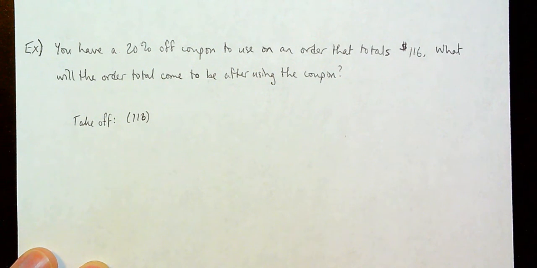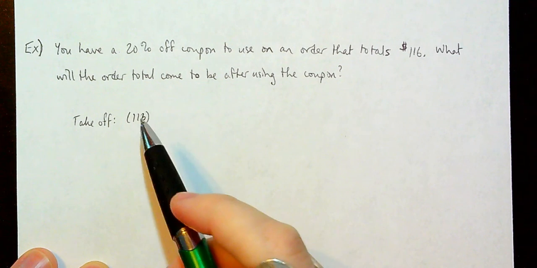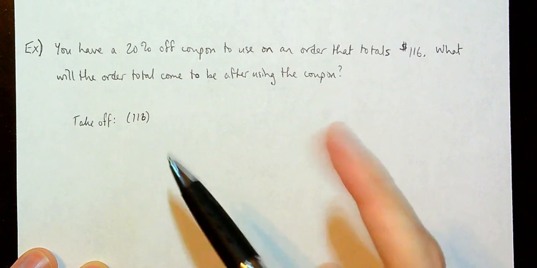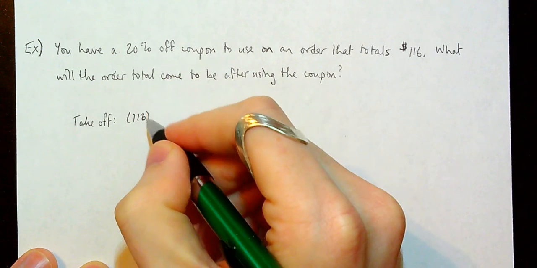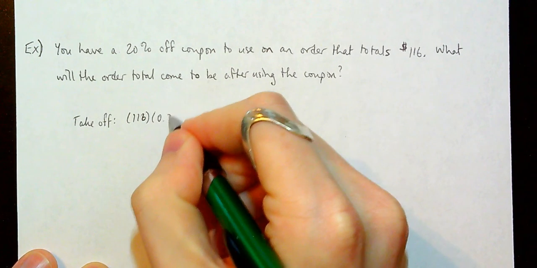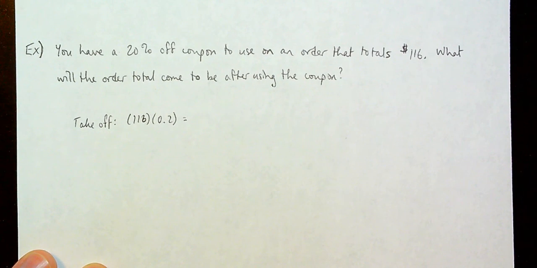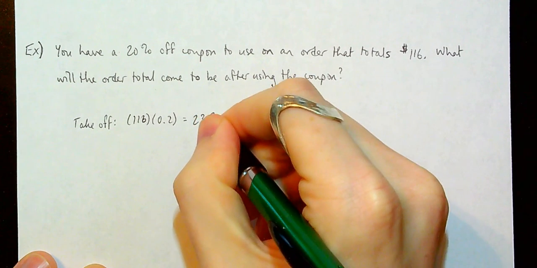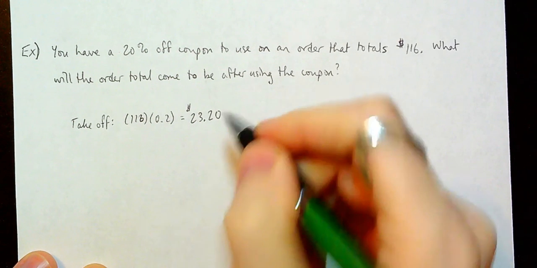You don't want to multiply 116 by 20 because you get something more than 116. And a 20% off coupon doesn't mean that they give you money back. So you have to use 20% as a decimal. As a decimal, that's 0.2. And if you do 116 times 0.2, you get 23.2. Or in terms of money, $23.20.